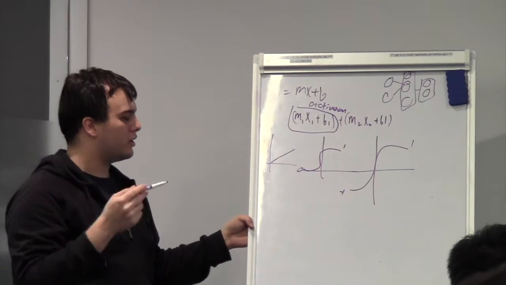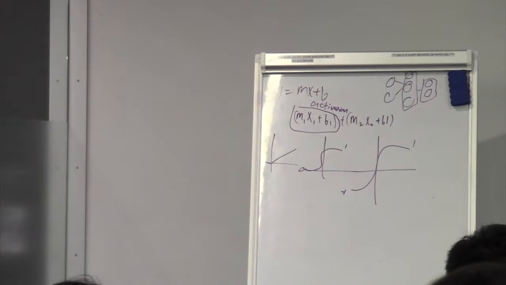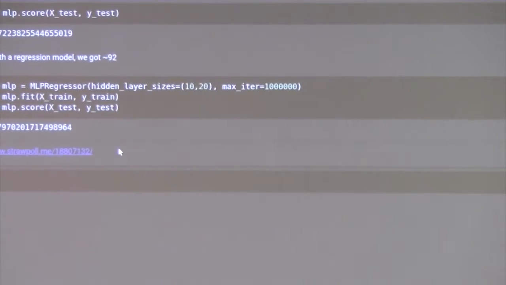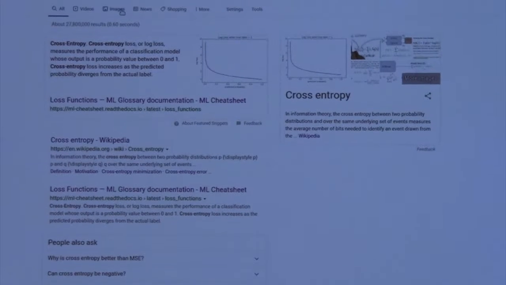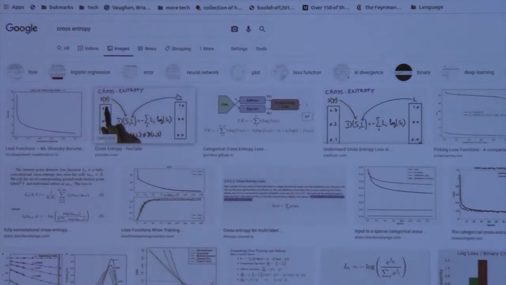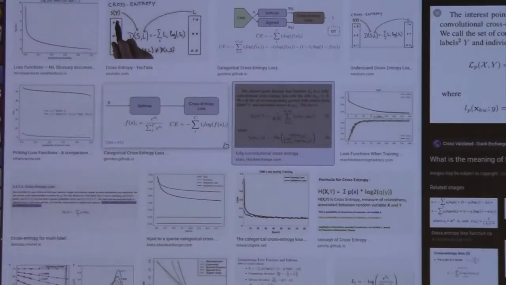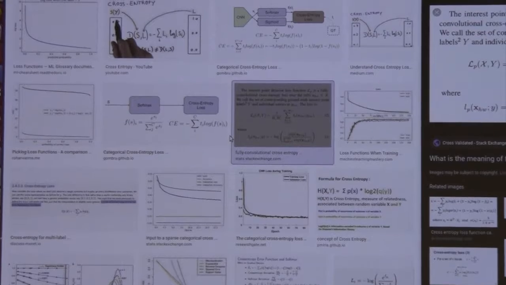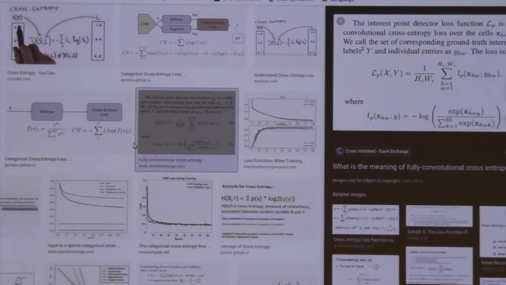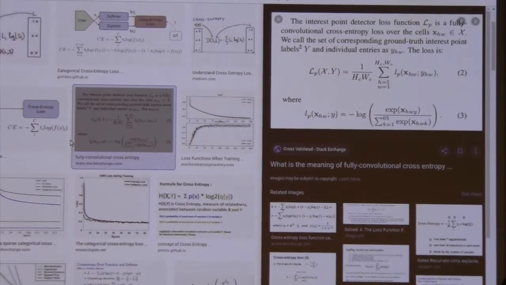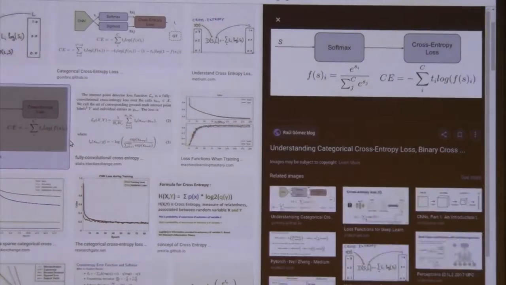Now, on the other hand, when we're actually calculating the difference, we're going to use a loss function, usually cross entropy. Again, this looks like that.